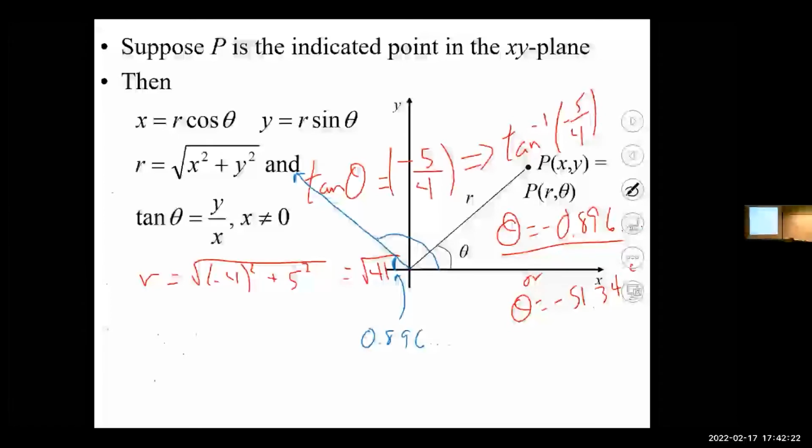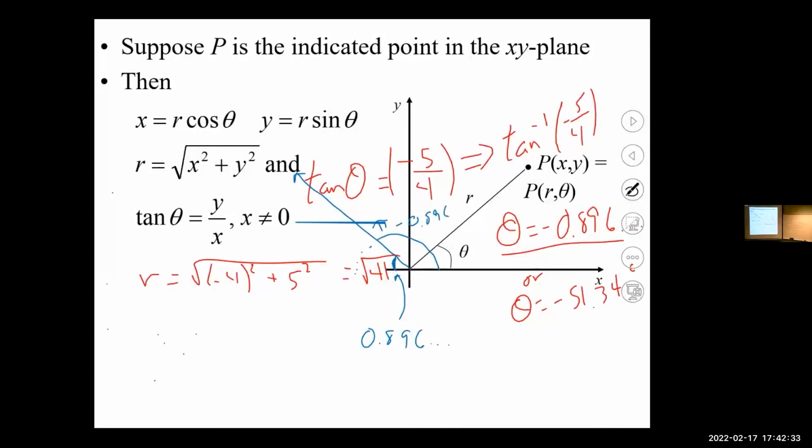Well, if that's 0.896, we know if we kept going, it'd be pi. So this angle is pi minus 0.896, and so on and so forth. So in radians, our point would be root 41, pi minus 0.896, and so on.